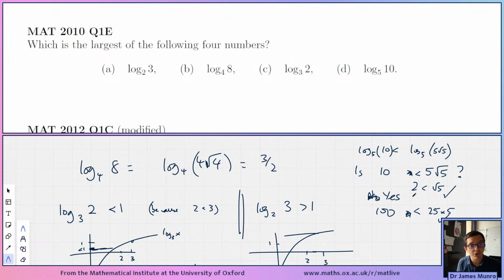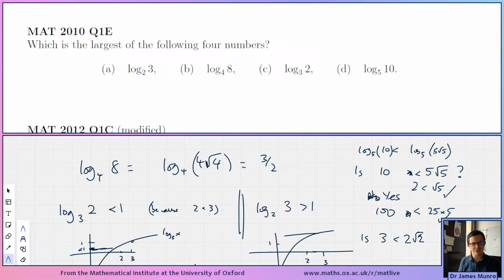Good. One more, and that's to look at the same thing, but looking at A, where instead of 10s and 5s, we have 3s and 2s. So I should ask something like, is 3 less than 2 root 2?